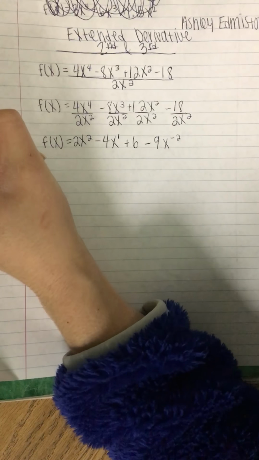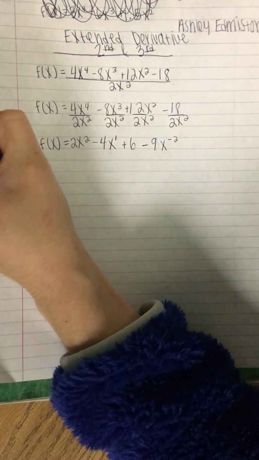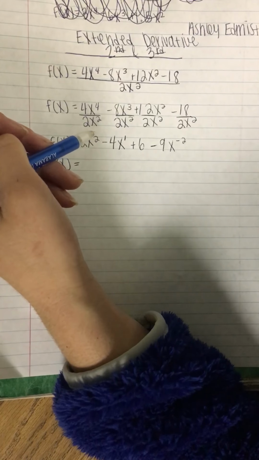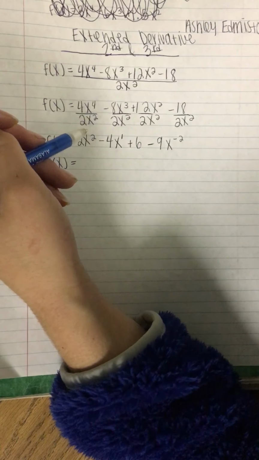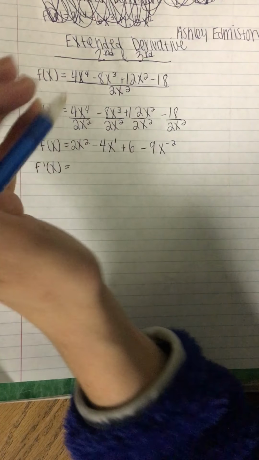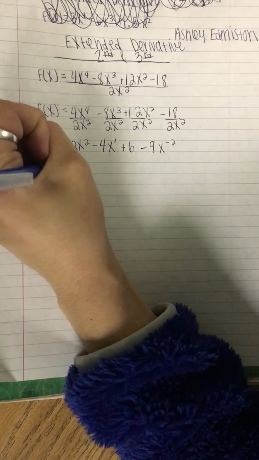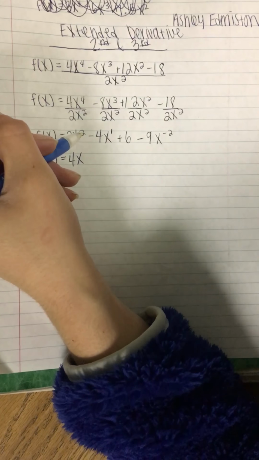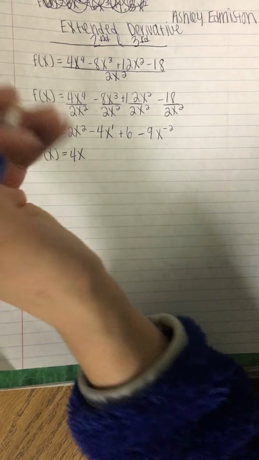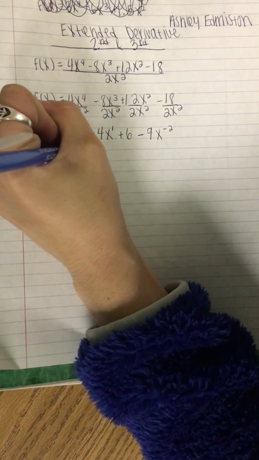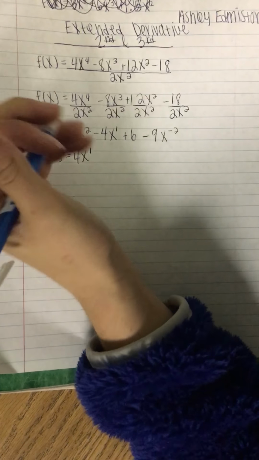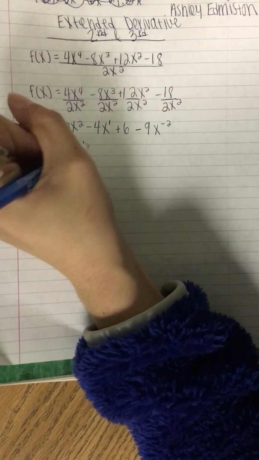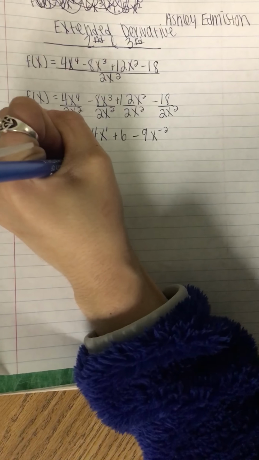Now we can take the prime, so f prime of x equals, you would just take the exponent and multiply it by the coefficient, so 2 times 2 is 4, and then once you take the first derivative you would subtract 1 from the exponent, which would be x to the first. And then you do the same thing for the next term, so 1 times negative 4 is negative 4.